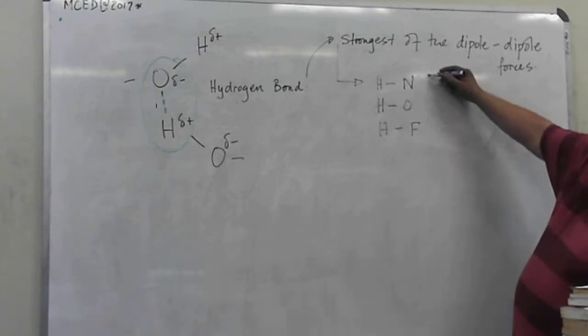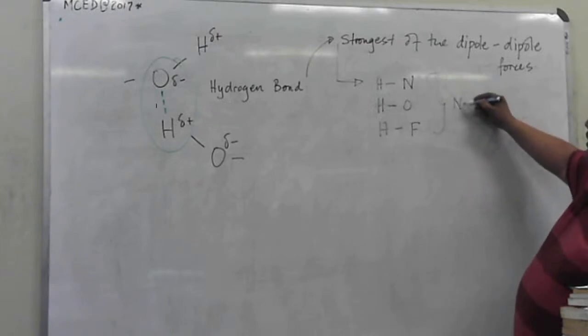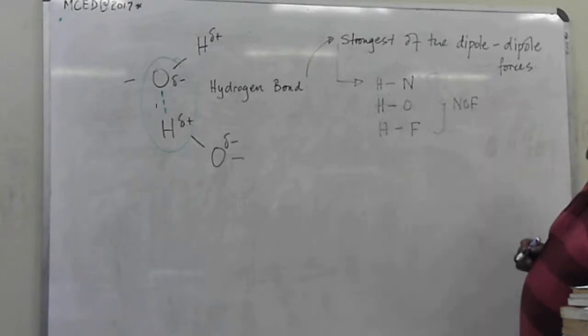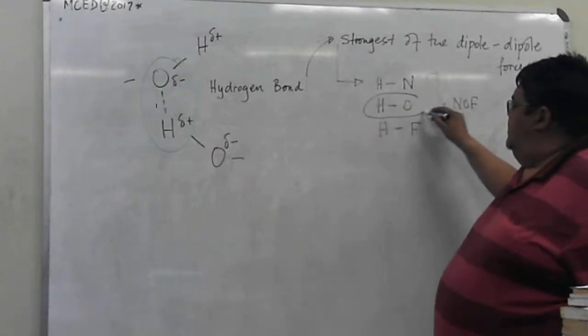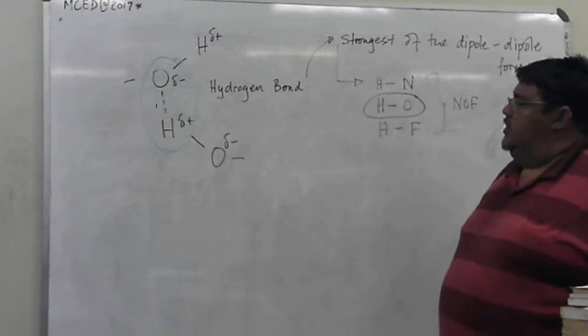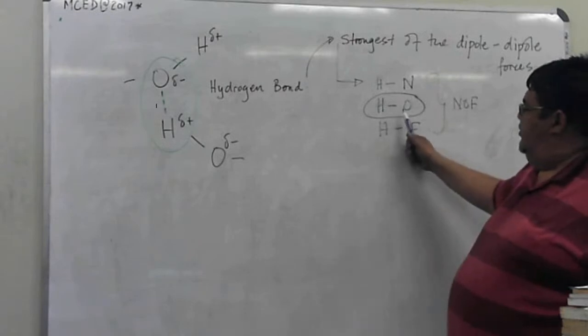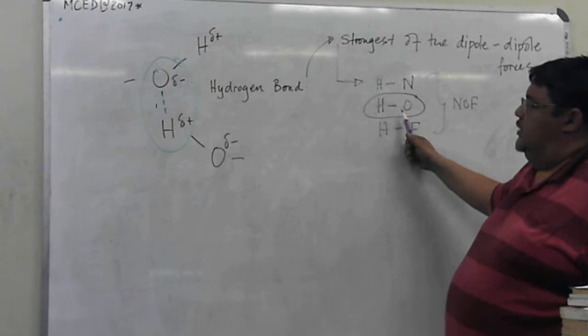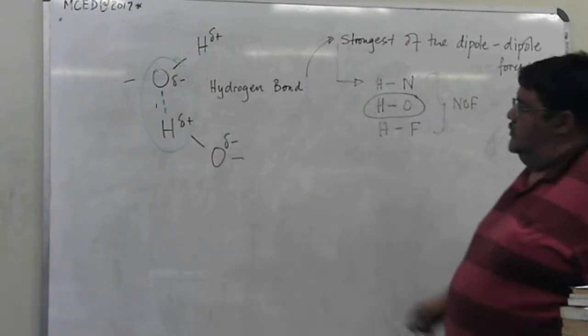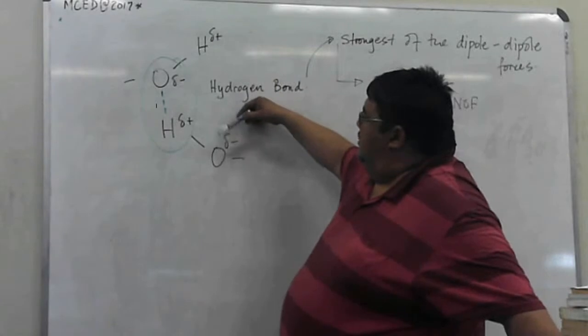Okay? I call them the NOF elements. They are the only ones that experience hydrogen bonding. We in particular, for organic chemistry, are interested in that one, because those are the ones that are present in alcohols. Okay? So, that is a hydrogen bond.